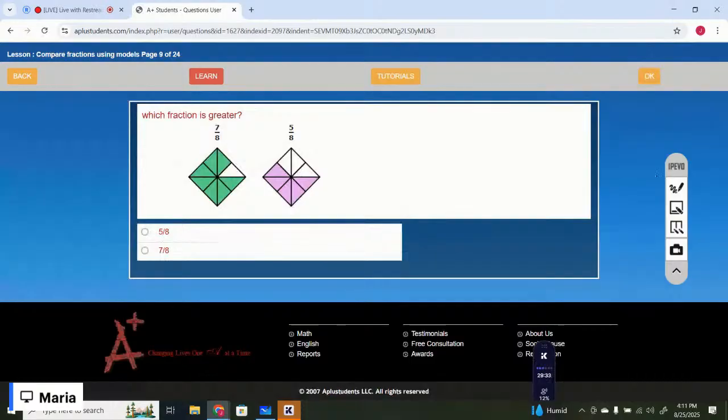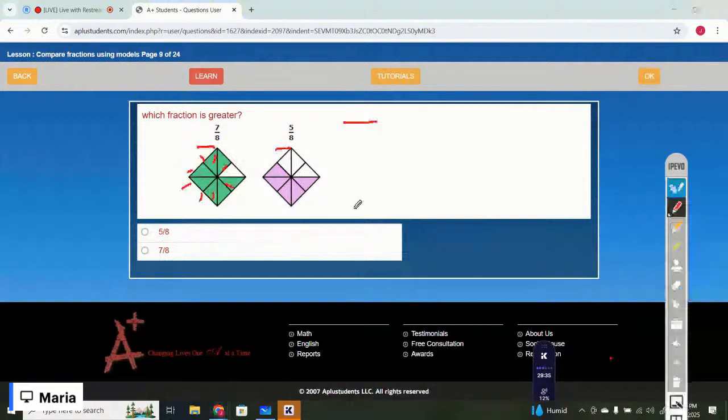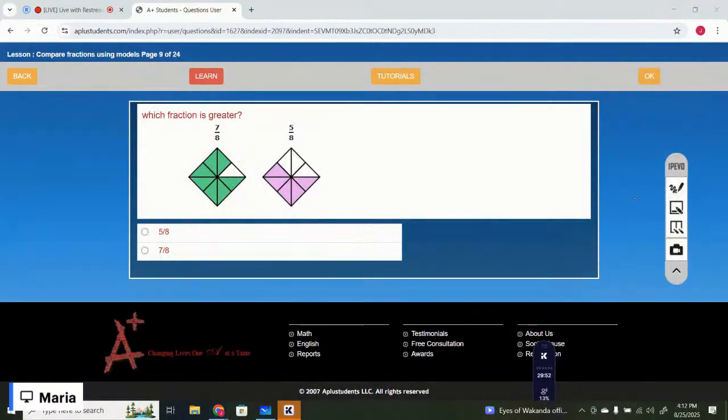Which fraction is greater? They both have exactly 8 portions, right? So the one that has more portion colored is greater than the other. Option number 2 is the correct option. 7 by 8 is greater than 5 by 8.